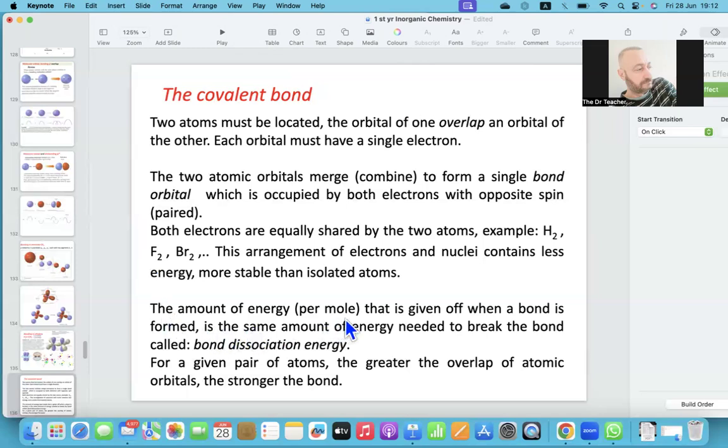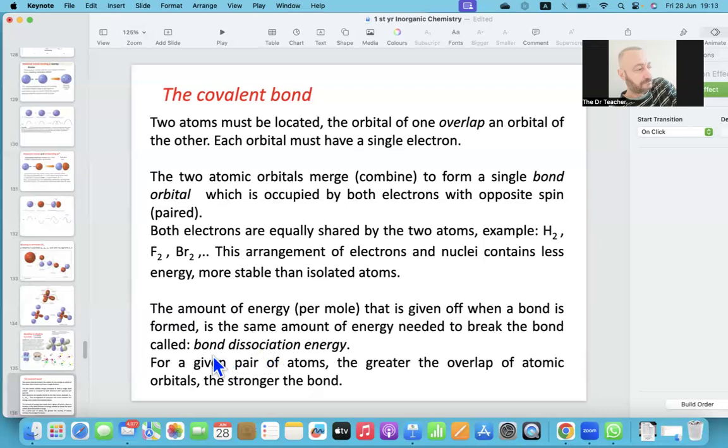The amount of energy per mole that is given off when a bond is formed is the same amount of energy needed to break the bond, called bond dissociation energy. So here, the same amount of energy used to combine two electrons is needed to break down this bond.